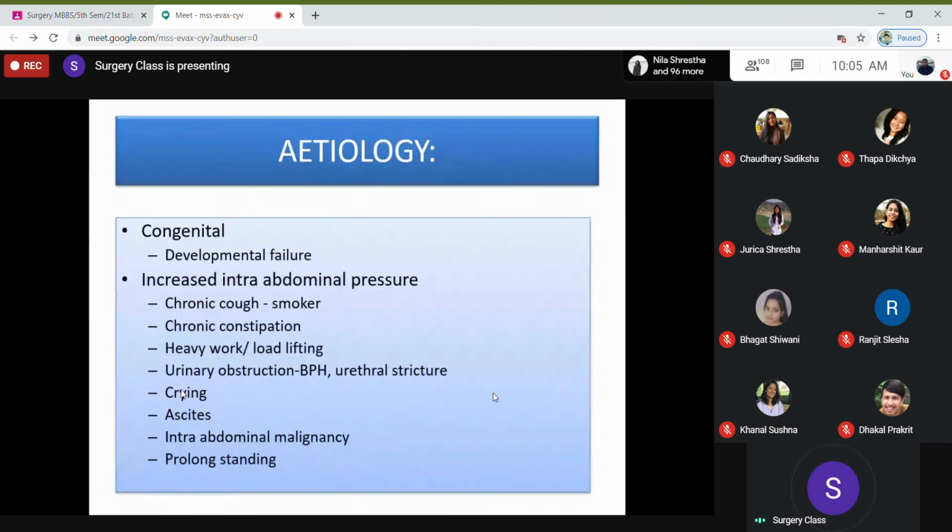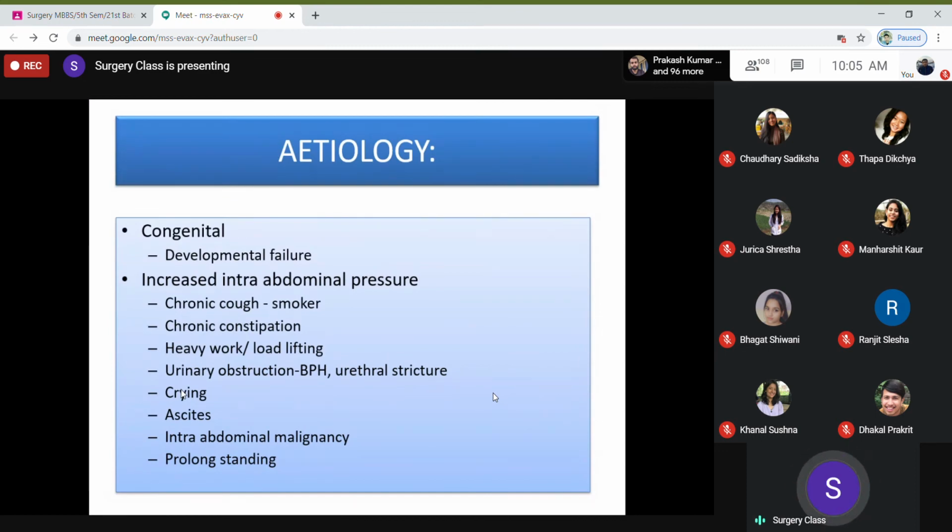So why does this hernia take place? There are two things now. One is the abdominal cavity, and one is the abdominal wall, which are considered the two factors. If they are normal, there will not be any hernia. But if anything is abnormal in these two, either in the abdominal cavity or in the wall, there will be a hernia.